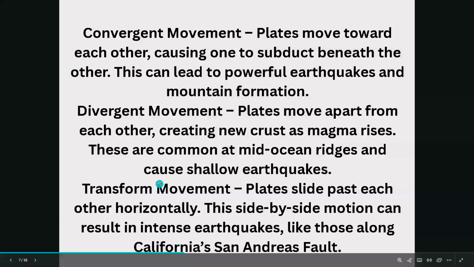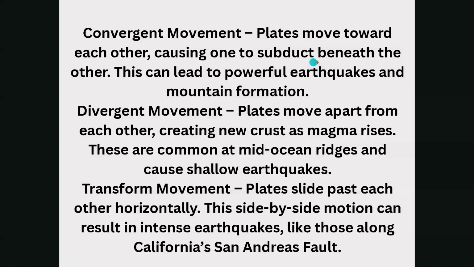Then convergent movements. Plates move towards each other, causing one to subduct beneath the other. This can lead to mountain formation. In the previous slide, I was talking about that convergent movement. Divergent movement, plates move apart from each other, creating new crust as magma rises. That also I explained to you in the previous slide.